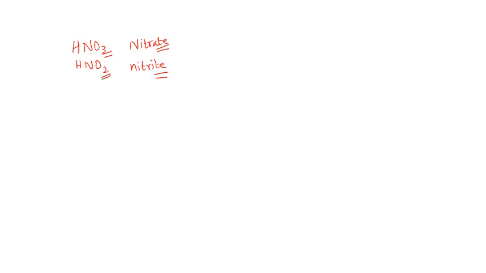So this one, how did I name this one? Nitric, IC acid. Since in the second case, one oxygen is less and it is nitrite, what we have to do is change the name to OUS acid instead of IC acid. Another example is H2SO4.